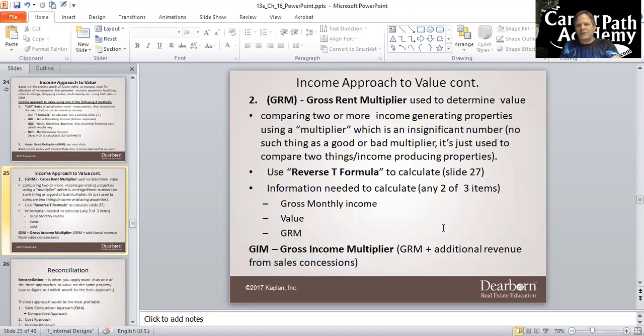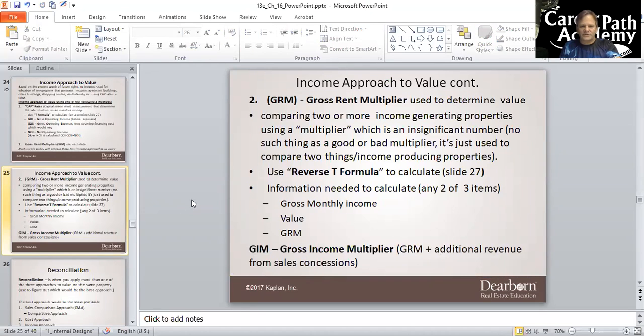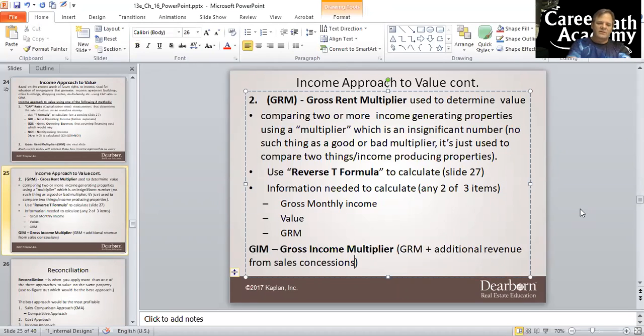So we're not going to do a math problem on it, but at least we're discussing what that entails. It's talking about the GRM plus additional revenue from other things that are not the real estate. Okay. So from additional sales concessions not coming from the real estate.